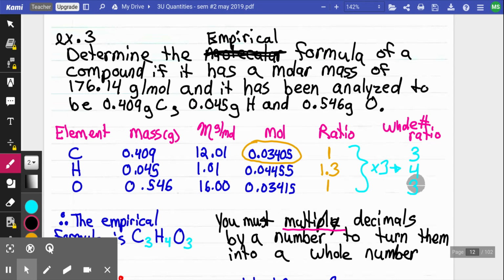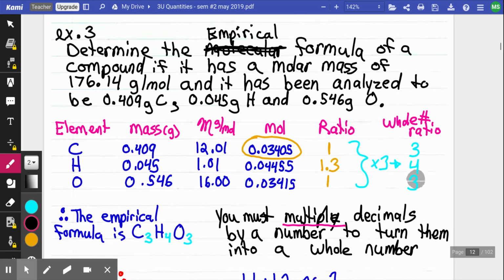So I have to multiply my decimals by a number to turn them into a whole number.